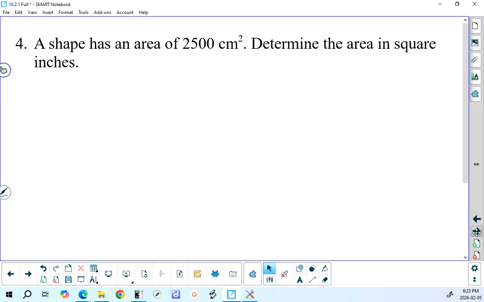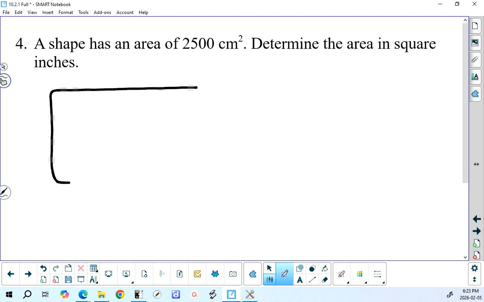I'm going to say that you have the power to make any rectangle you want that will give you that area. So all you have to do is come up with two numbers that multiply to give 2,500. Well, 100 times 25 does it.